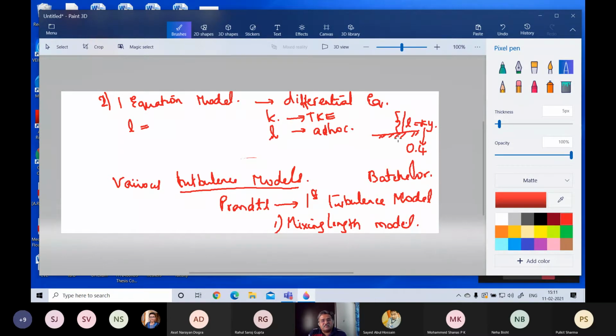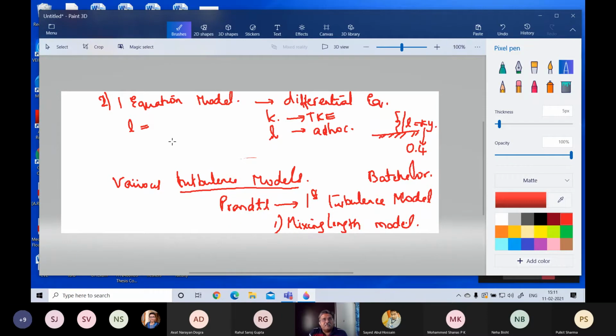In such simple cases, L equals kappa y works very well. It was found to be in very good comparison with the experiments, so L equals kappa y was a good one.